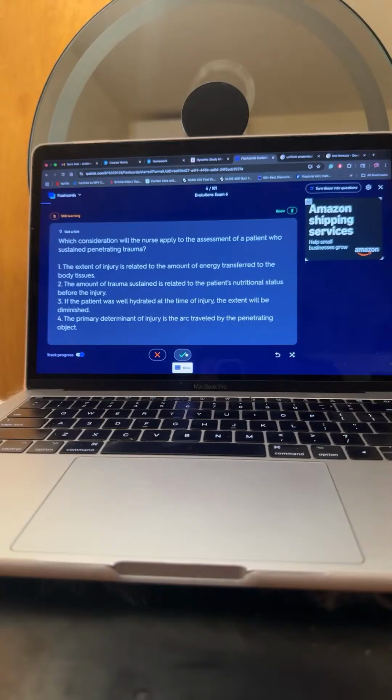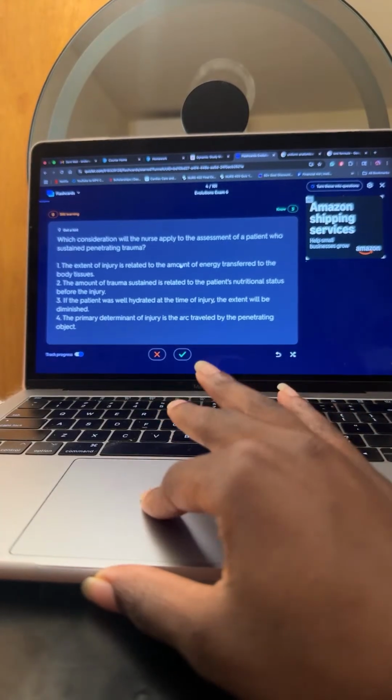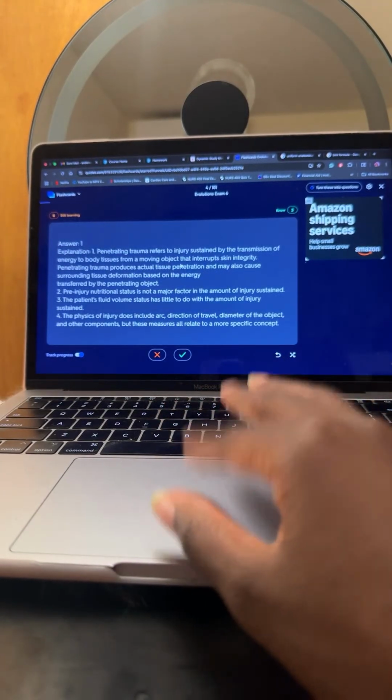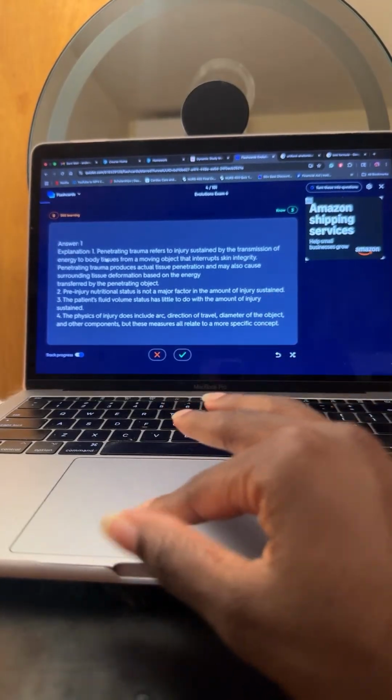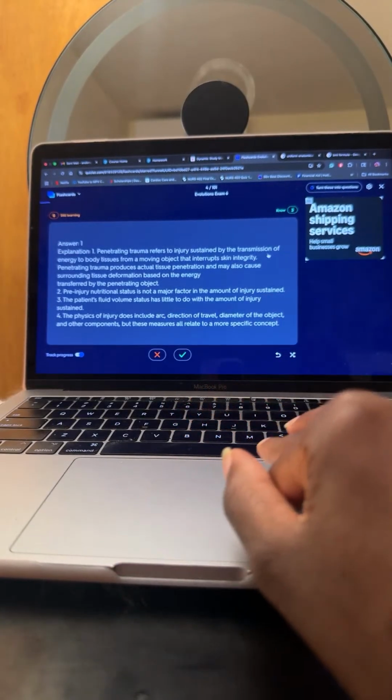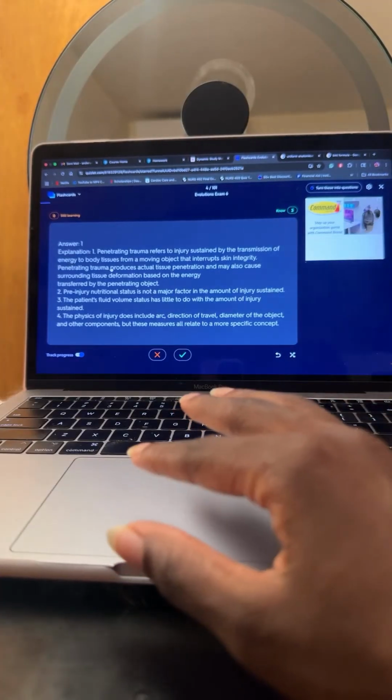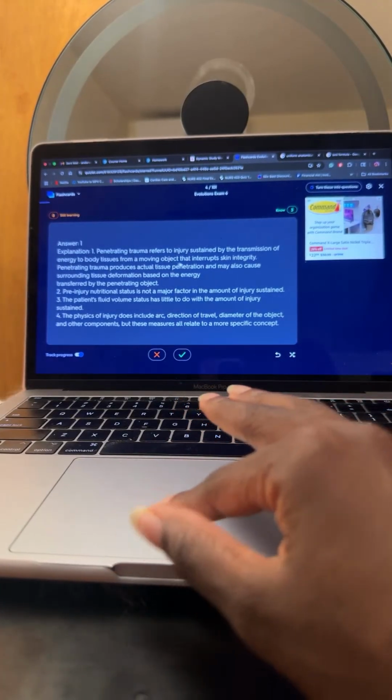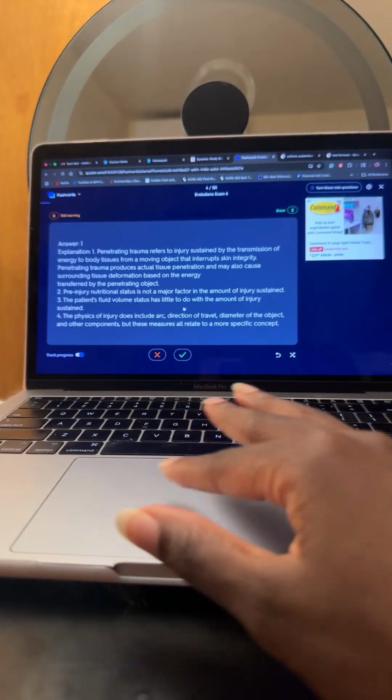The only correct answer here is 1. Beautiful. Penetrating trauma refers to injury sustained by the transmission of energy to body tissue from a moving object that interrupts skin integrity.